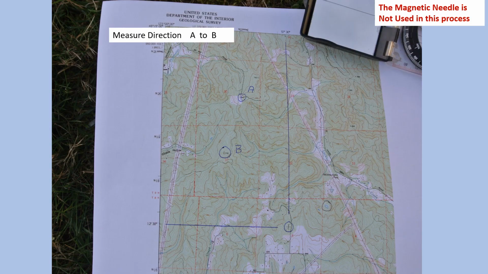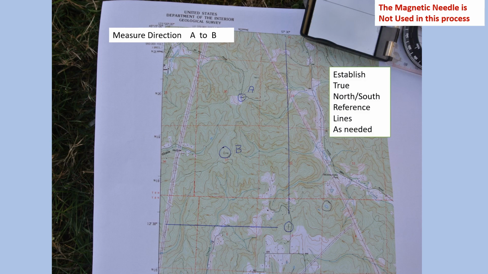To measure the direction from A to B, you must first establish a true north-south reference line. And don't forget to make an estimate of the direction as an error check on your work.